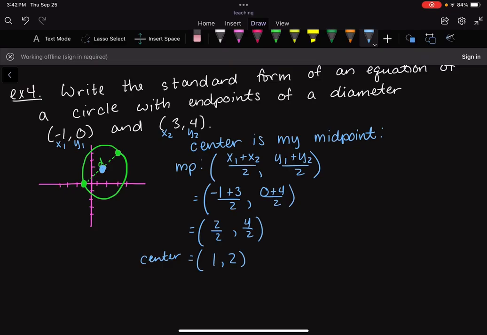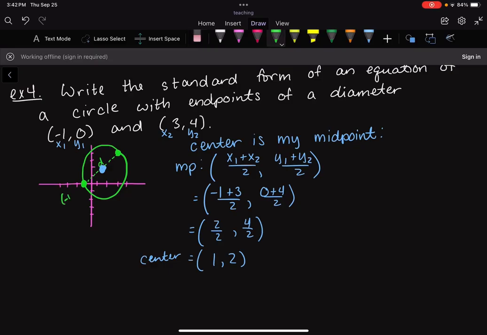Next, we need to find my radius. So be careful here. I'm going to try to color it a little bit. The radius is just this distance here. Or you could think of it the other way, it's just this distance here.